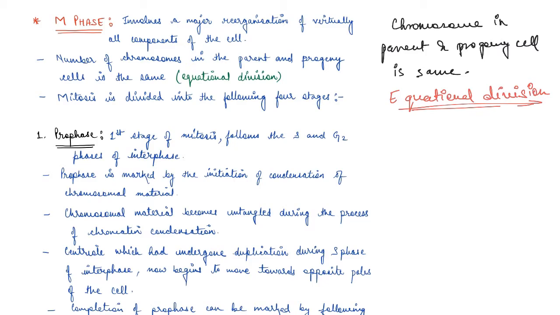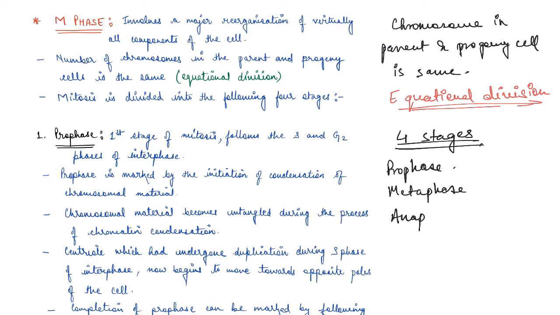Now, if we have to see how mitosis is divided into different stages, mitosis is divided into four different stages, and these stages are prophase, metaphase, anaphase, and telophase.